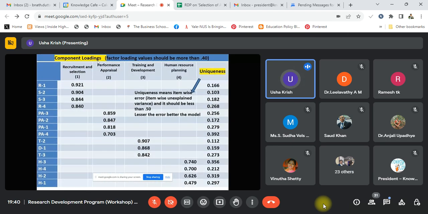The next one. In fourth table, we should show factor loading. The values should be more than 0.40.